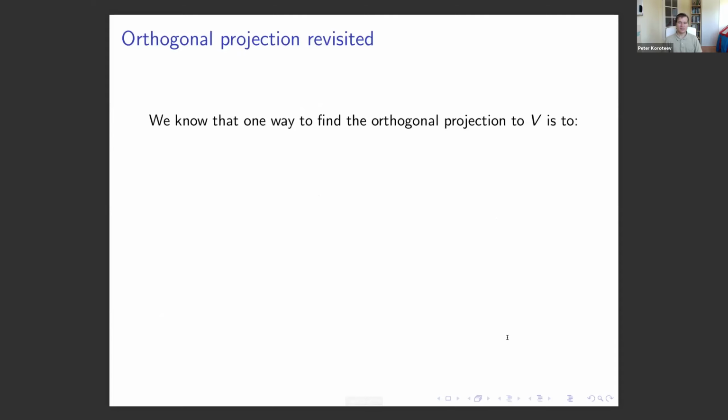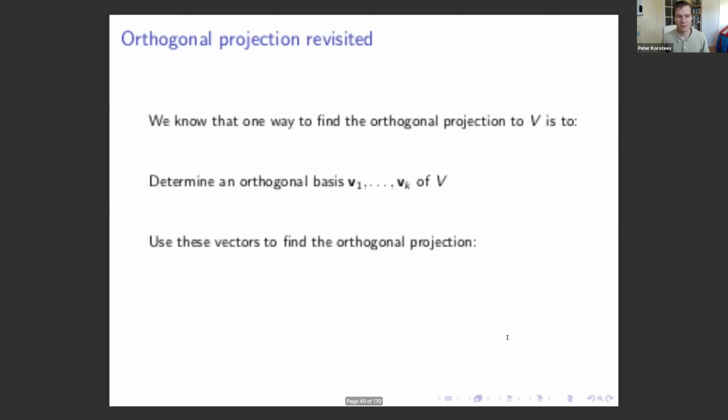Okay, so let's revise the orthogonal projection, what we know so far. One way to find the orthogonal projection to V is to determine an orthogonal basis v1 through vk of V, and then use these vectors to find the orthogonal projection.